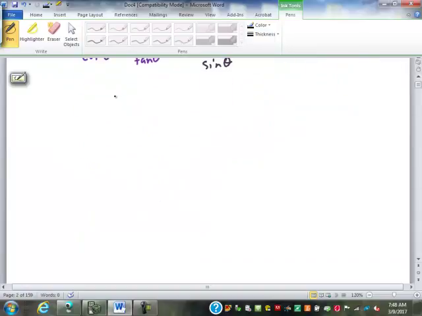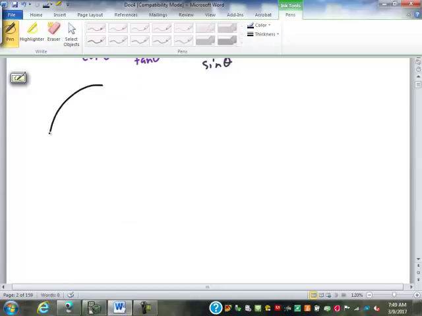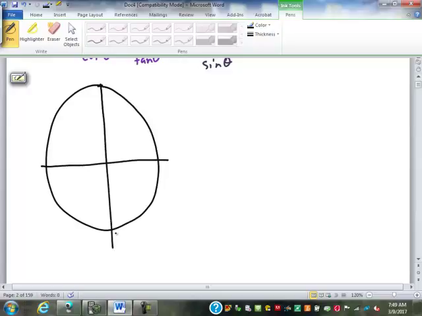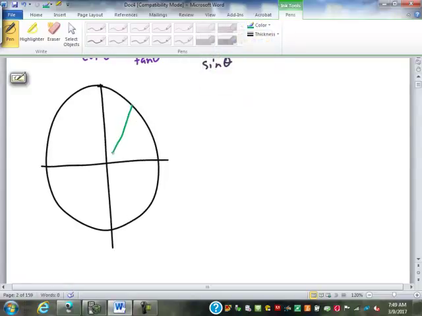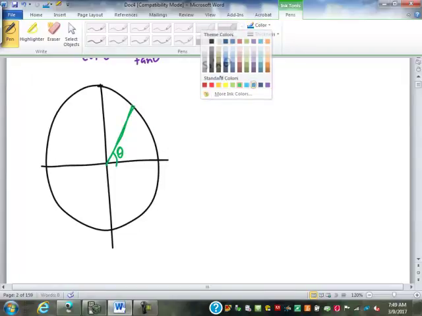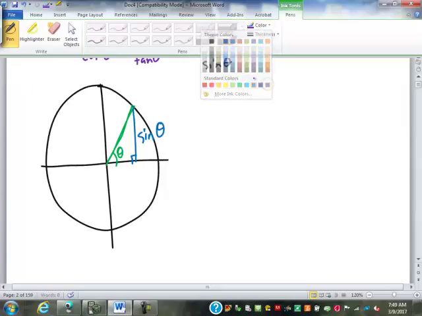Back to our unit circle for a second here. Let me see if I can draw something that looks sort of like a circle. If I put an angle on here, right there, that's my angle. Of course, the sine of that angle is right here. That length is the sine of the angle. The cosine of the angle, we said, is this length down here.